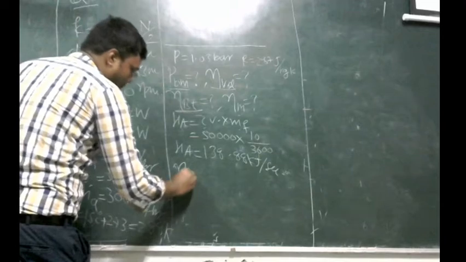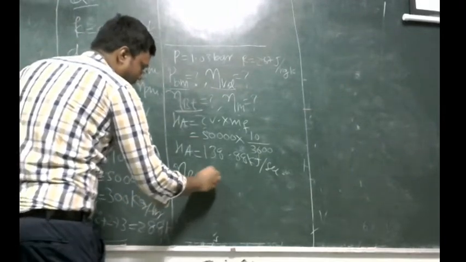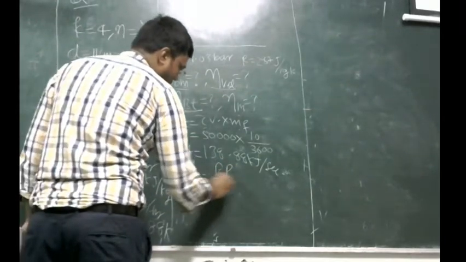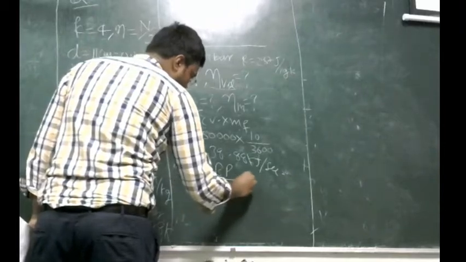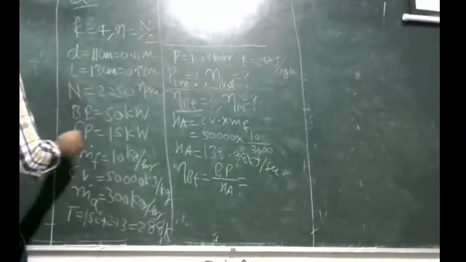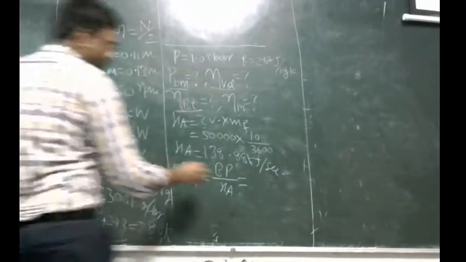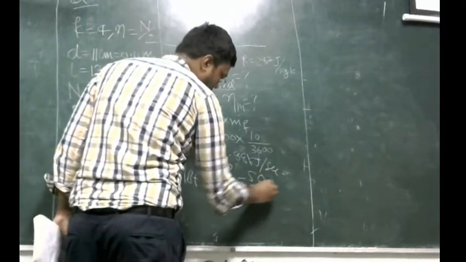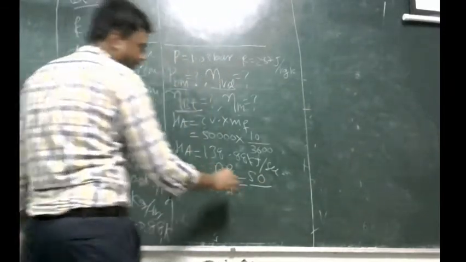Now eta bt should be equal to brake power divided by heat addition. We know the value of brake power. Brake power is equal to 50 kilowatt. Here 50 kilowatt divided by heat addition equal to 138.88.